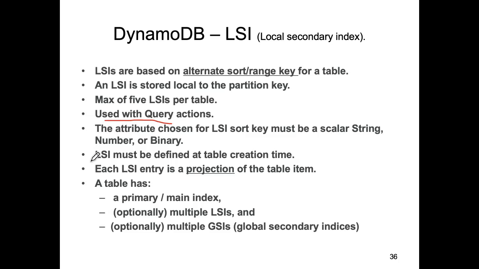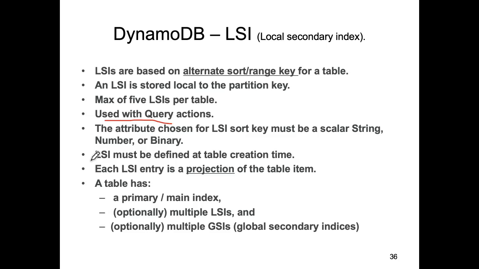This is very important. Your LSIs must be defined at table design time. You cannot create a database, add some items to it, and then decide that you actually need another local secondary index for this particular table. They must be chosen at table design time, because as I said, as items are added to a table, the DynamoDB engine will populate the local secondary indices, plural.